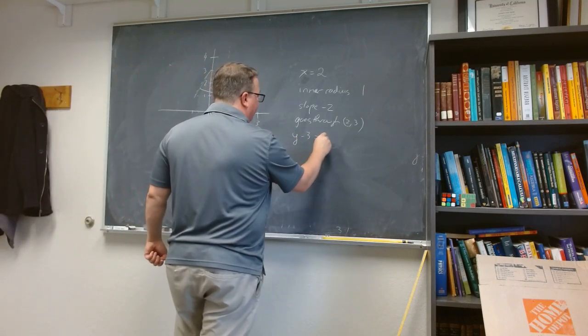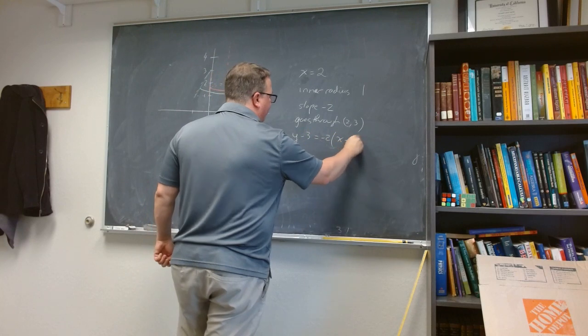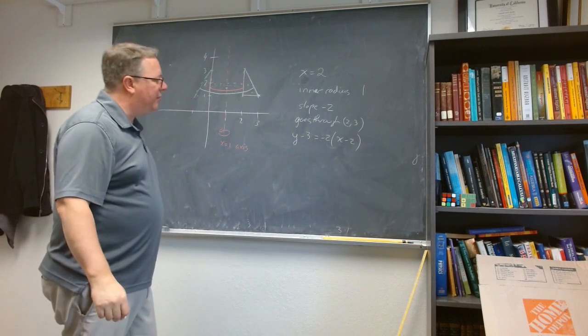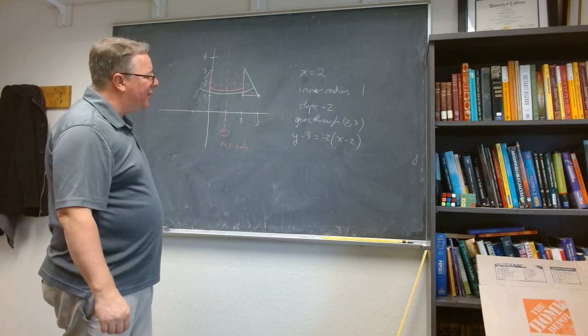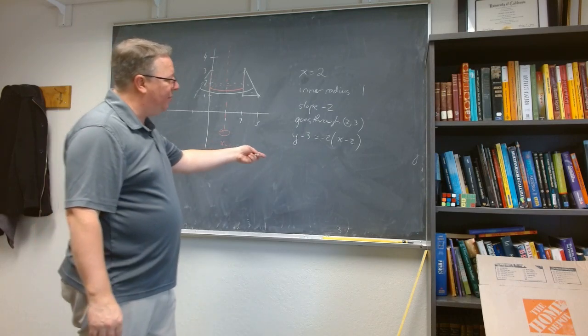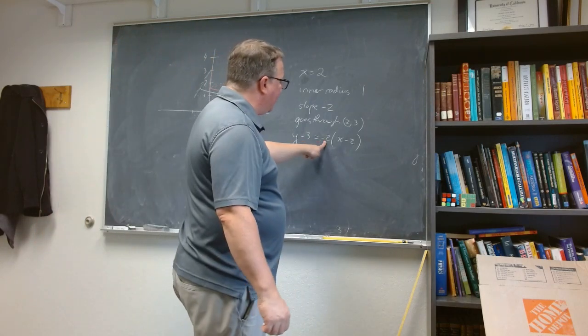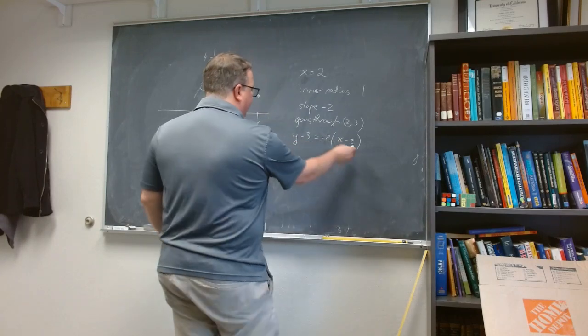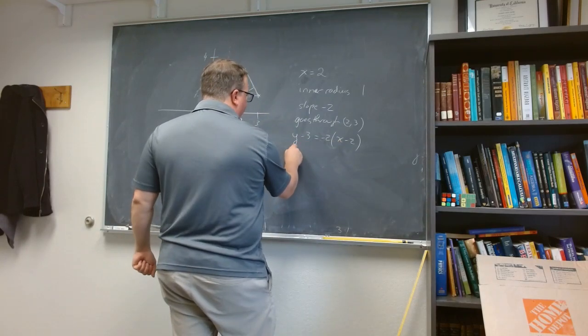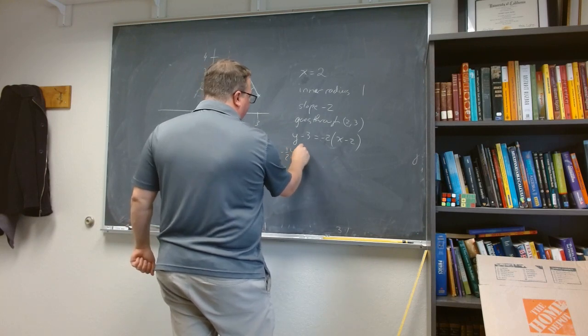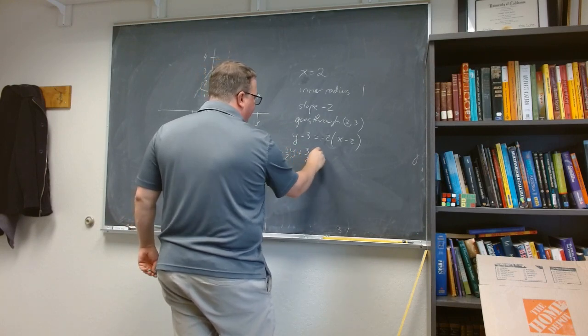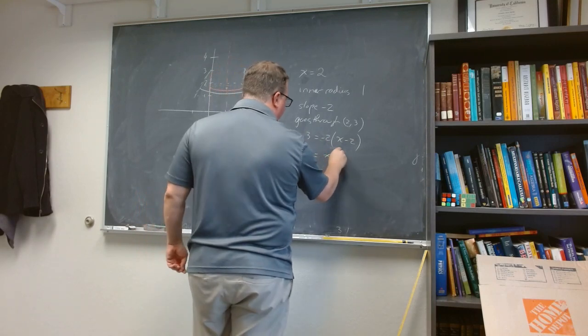It's y minus 3 equals -2 times x minus 2. I'm using the point-slope form. And since we want to solve this for x anyway, I'm not going to bother to put it into y-intercept form. I'm going to divide everything by -2, and then I'll be able to add 2 afterwards. So I get -1/2 y plus 3/2 equals x minus 2.